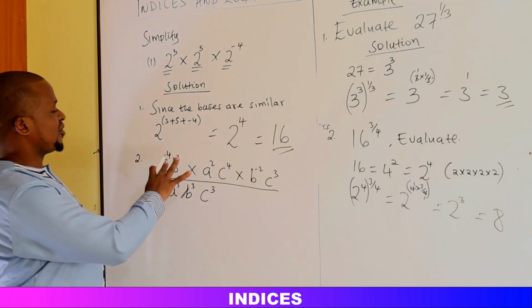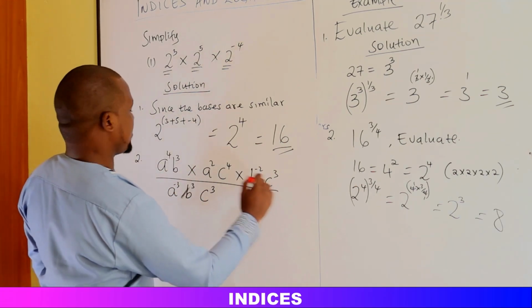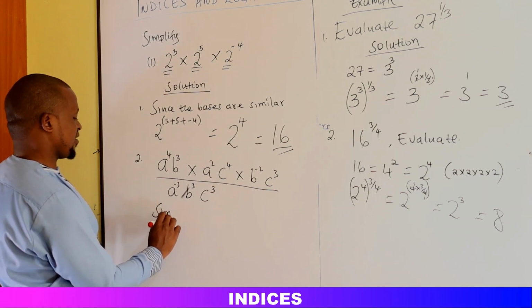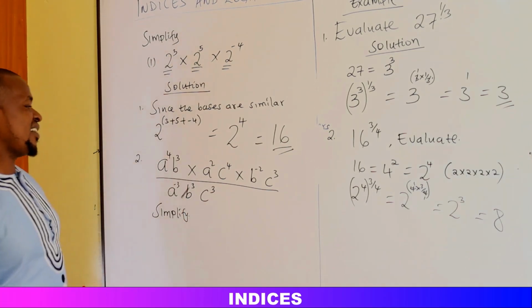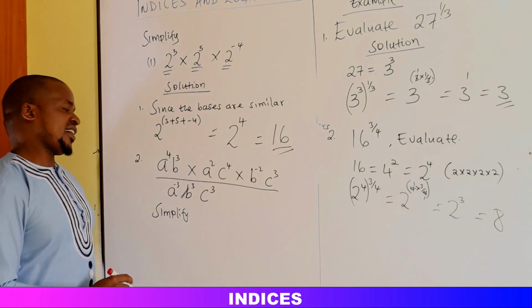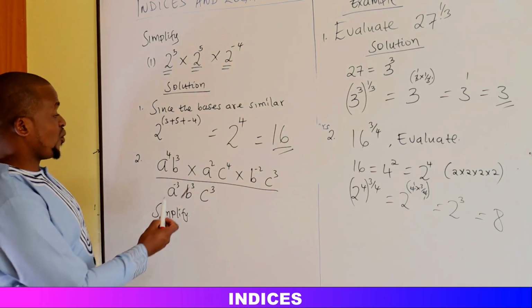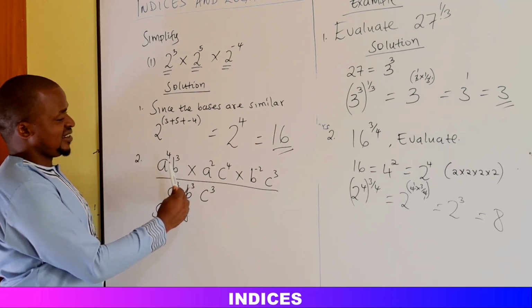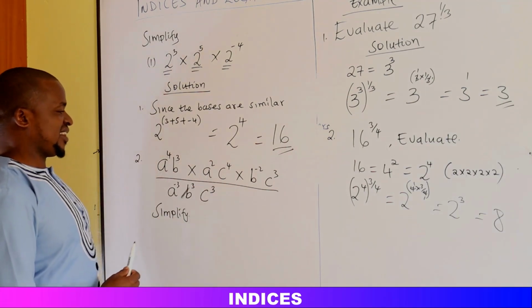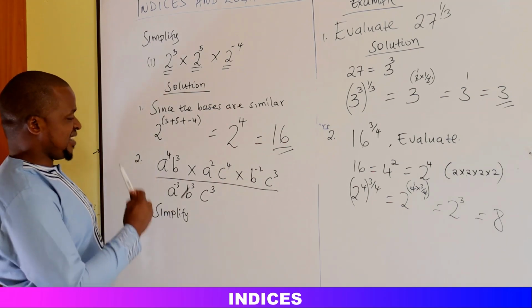You're going to simplify that problem. So we can see we have at least 3 unknowns, that is a, b, and c.